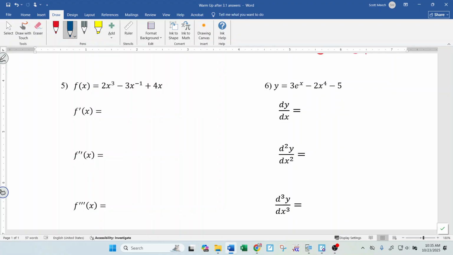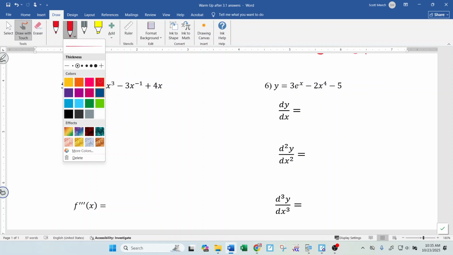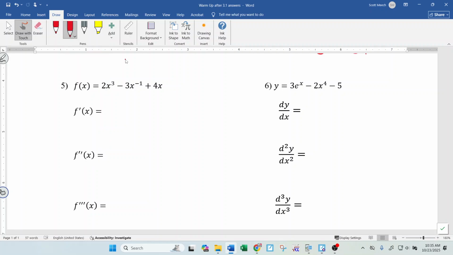We're not going to go through and do these necessarily, but can you see how, if you are given a function f of x, you write f prime, f double prime, f triple prime. If you're given an equation y equals, then you have dy/dx, d squared y/dx squared, d cubed y/dx cubed.